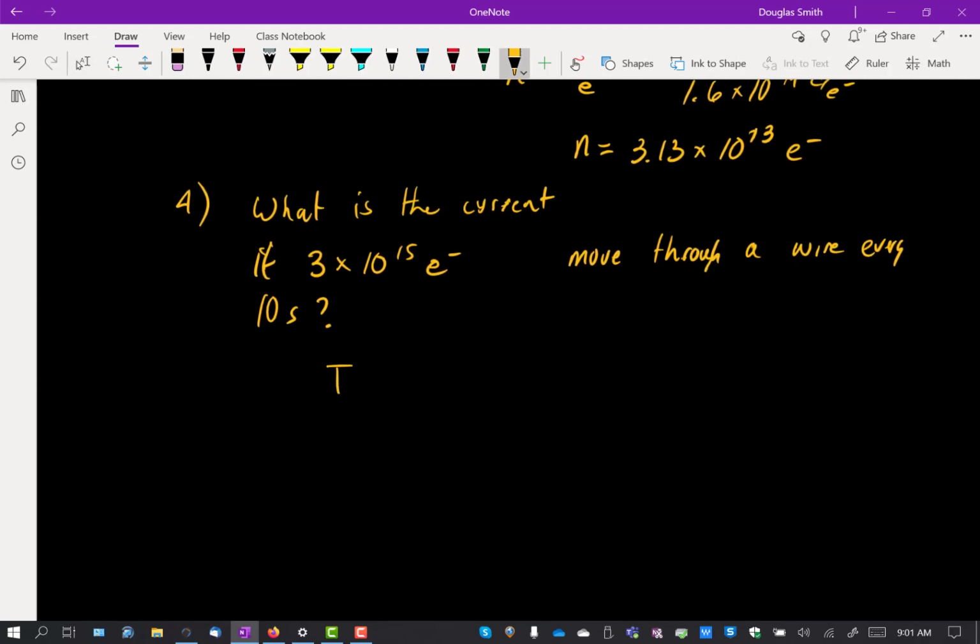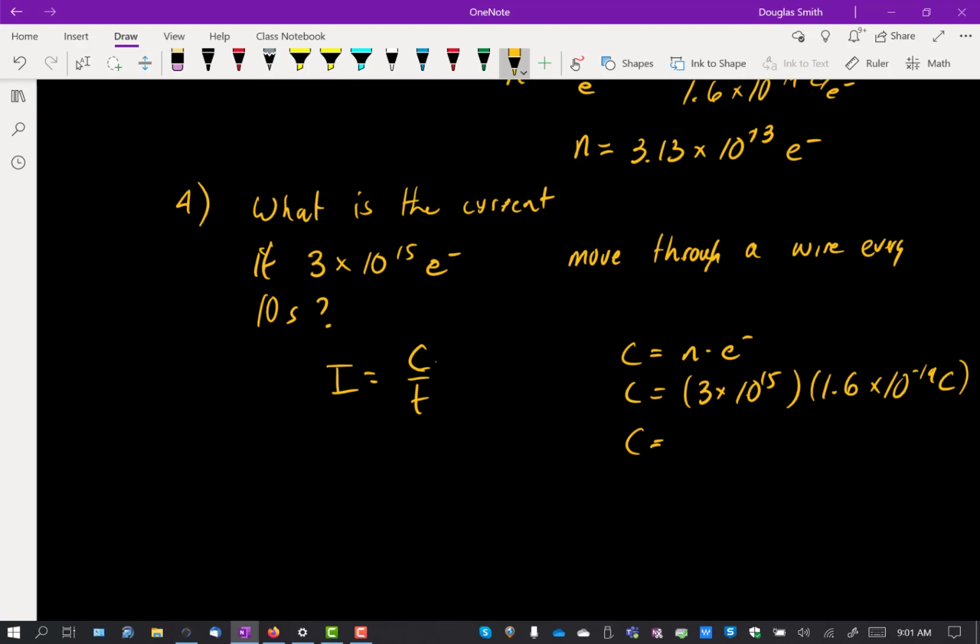So we have I equals C over T. First of all, we have to get the C. So C is equal to N times E. That's 3 times 10 to the 15 electrons times 1.6 times 10 to the negative 19 coulombs.